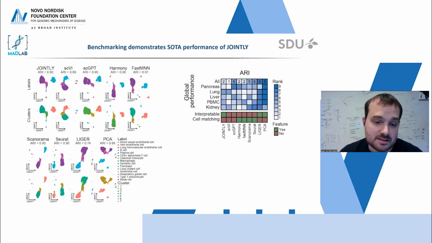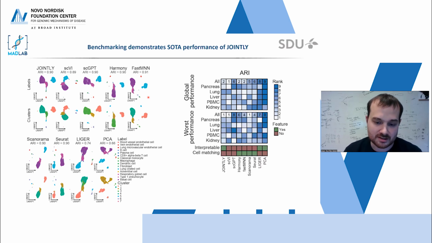What we also did is that we measured what we call worst performance. So here, global performance means the score if we look at every data point in the data set. But we also zoomed in on every single batch in each method, and evaluated in each batch how well the data is integrated. And then we report on the worst batch. And here we can actually see the picture shifting a little bit.